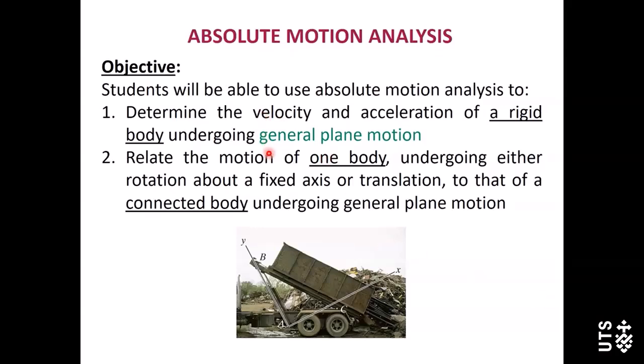Absolute motion analysis can be conveniently adopted to determine the velocity and acceleration of a rigid body undergoing general plane motion. It can also be adopted to relate the motion of one rigid body undergoing either rotation about a fixed axis or translation to the motion of a connected body undergoing general plane motion.